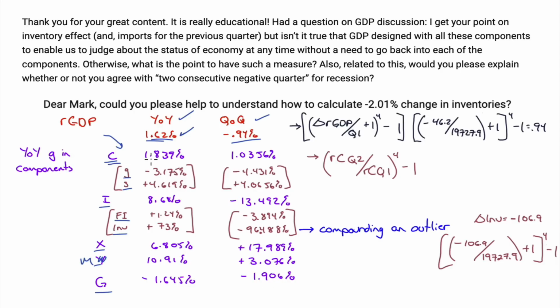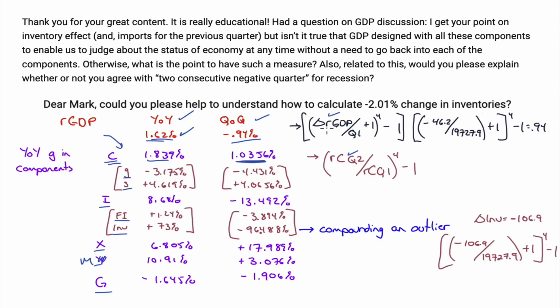So consumption year over year was up 1.839%, Q2 2022 versus 2021. This is in real terms, up almost 2% year over year. Quarter over quarter, it was up 1.03%. And how we get the number for the quarter: take the change in whatever the component is.